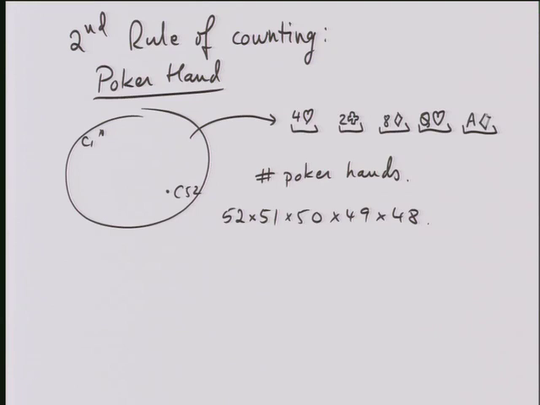That's what we got dealt, and there are 52 times 51 times 50 times 49 times 48 such sequences. We know this by the first rule of counting.